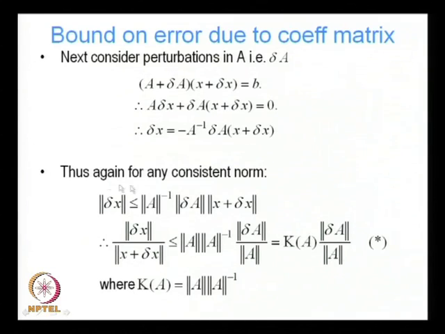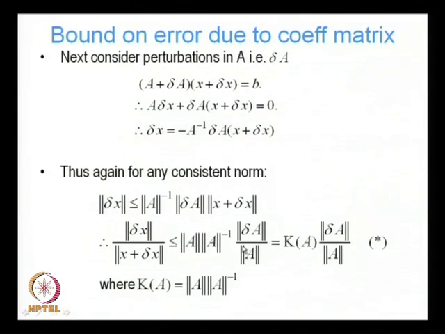So, we get this expression, and dividing both sides by norm of x plus delta x, we have this expression: norm of A inverse times norm of delta A by norm of A. Norm of A, of course, is cancelling out. This quantity is what is known as the condition number of the matrix, norm of A times norm of A inverse.